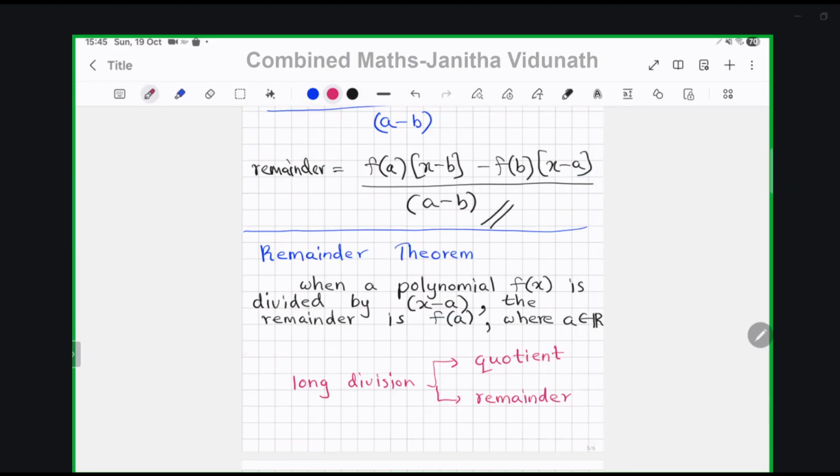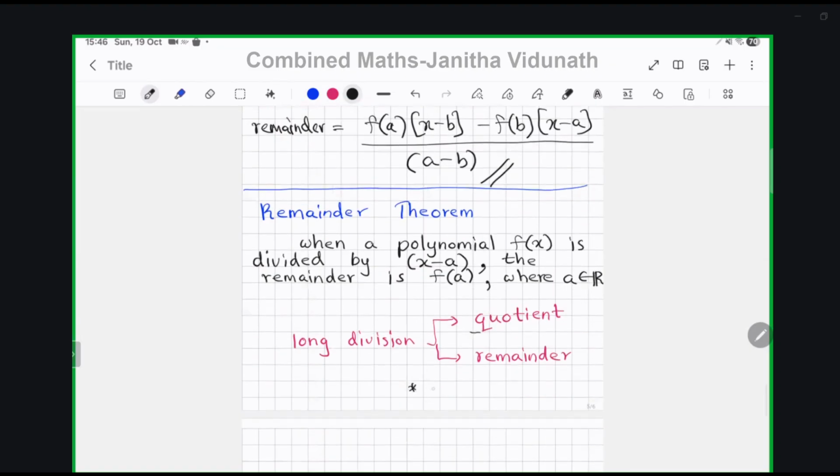Also, the degree of the divisor can be any positive number, any positive integer.